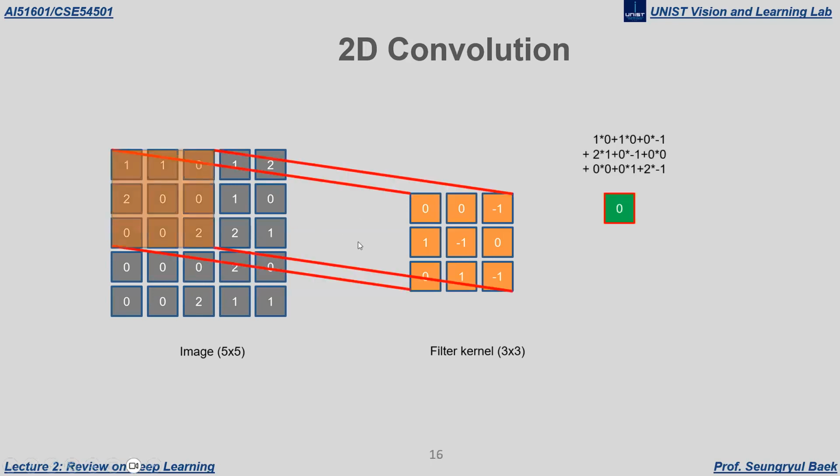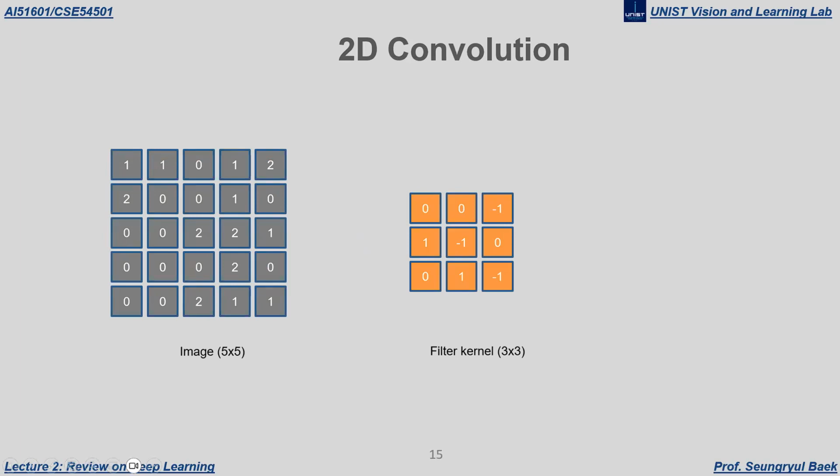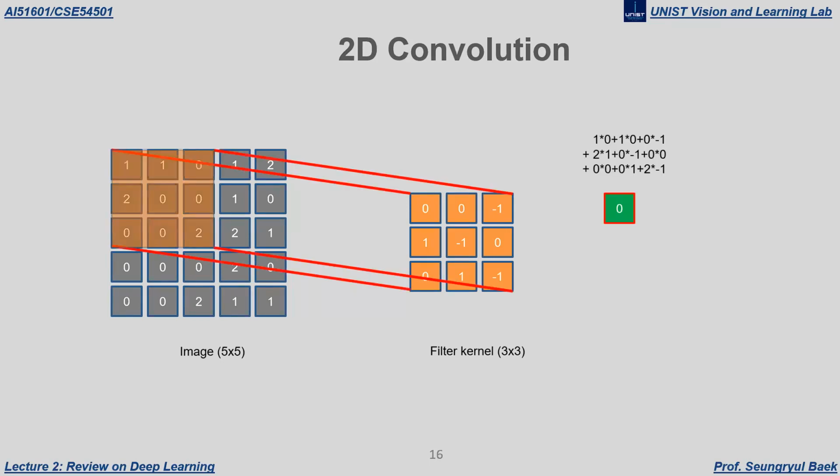Let's say the left is the image whose size is 5 by 5, and the orange components are the filter kernel. Actually, the parameter we want to learn in a convolutional layer is this filter kernel. Anyway, I will first explain the operation of 2D convolution.